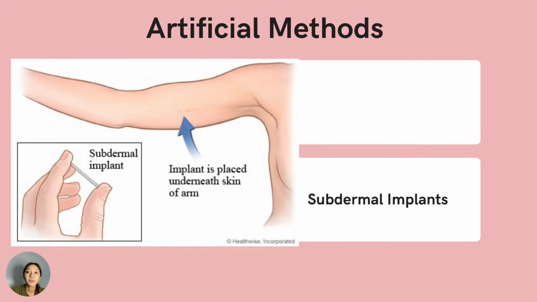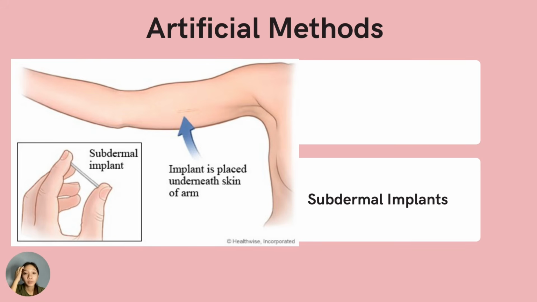Next is the subdermal implants. So the subdermal implants are two rod-like implants embedded under the skin of the woman during her menses or on the seventh day of her menstruation to make sure that she is not pregnant.